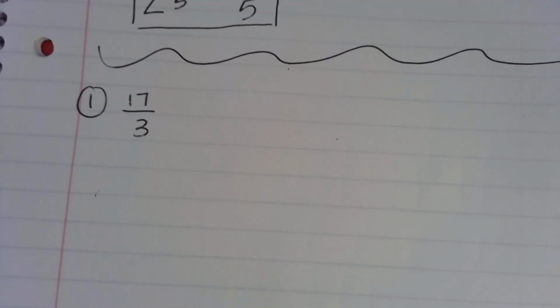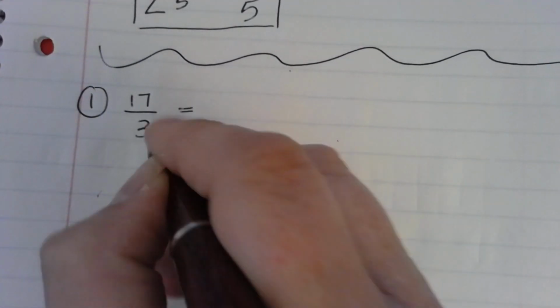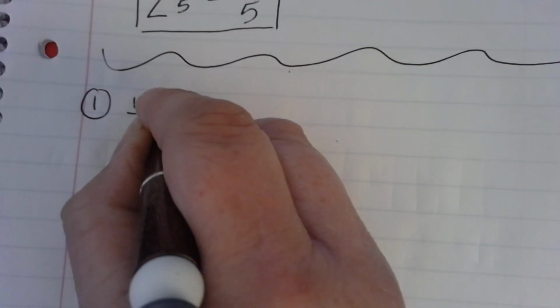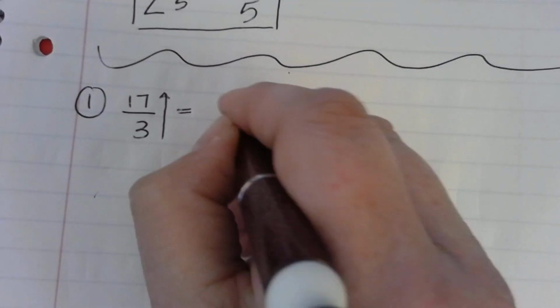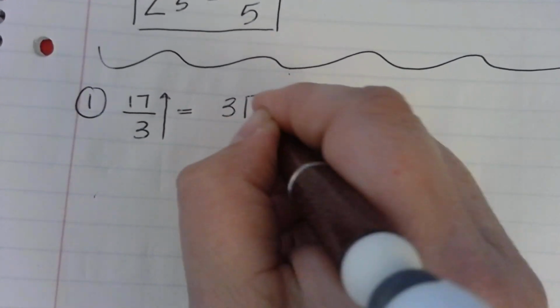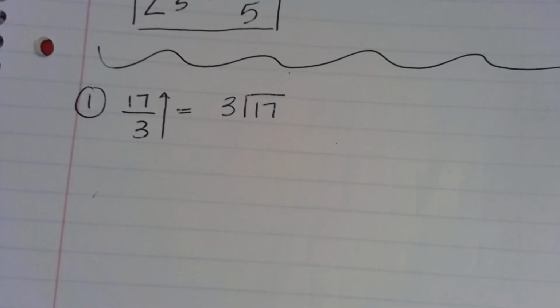Okay, so again, when I see an improper fraction, if I am asked to change it into a mixed number, I'm going to look at this fraction from the bottom to the top, and I will write it in that order. I will say 3 divides into 17.